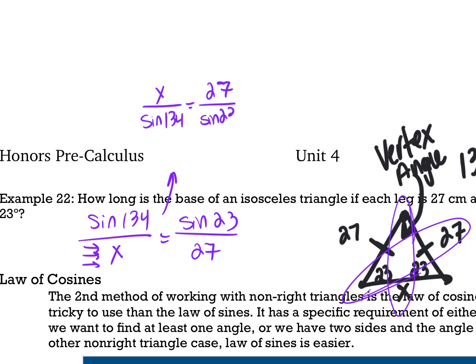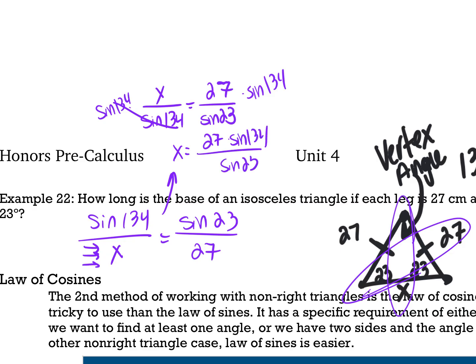This is a much easier strategy because now you can just multiply by sine of 134 on each side and plug that into your calculator. 27 times sine of 134 over sine of 23. And so that gets me the base length of 49.707 centimeters here.